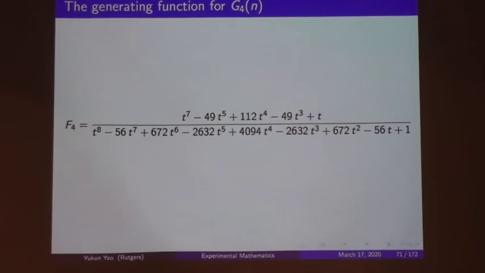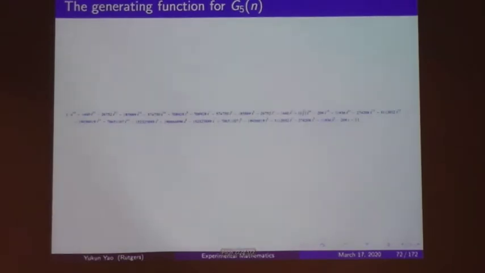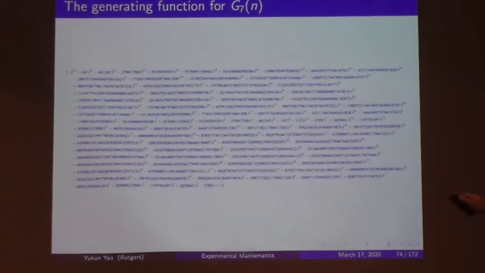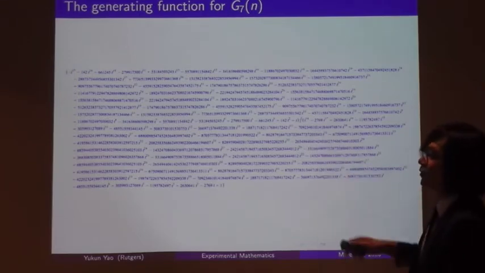You can notice that the degree of the denominator is 2 to the k minus 1. We believe this one is a new result, G7 of n, but surprisingly in this one, the degree of the denominator is 48 instead of 64.